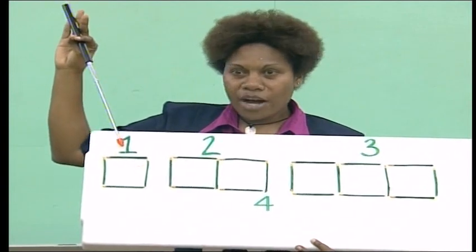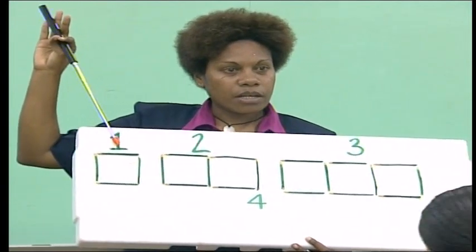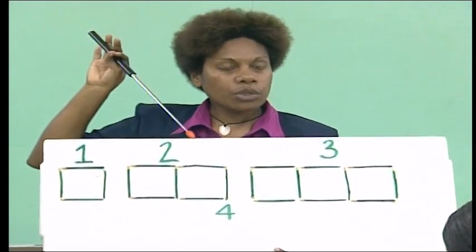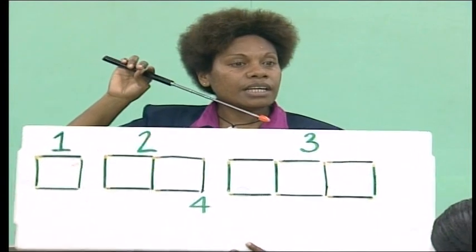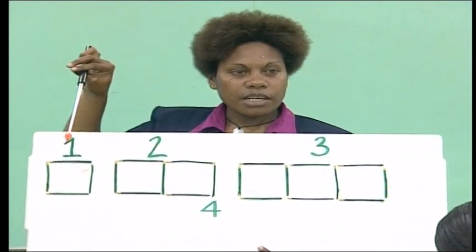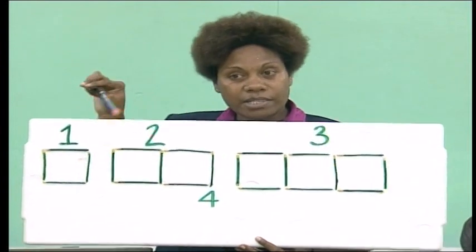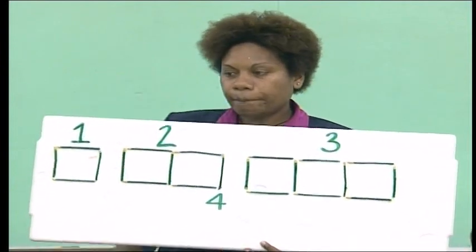Number 1 represents how many squares? 1. Number 2 represents how many squares? 2. Number 3? 3 squares. So the numbers represent the number of squares.